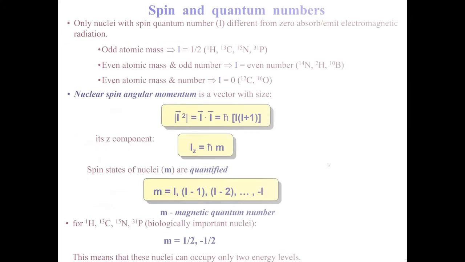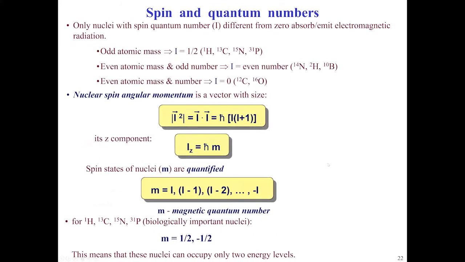So when you go and you open a book, you will see that you need a spin. And nuclei that have a spin have either odd atomic mass, and they have a wonderful property, they spin 1/2. This is a quantum property. And typically for bio, you see proton, we say proton, we mean isotope of hydrogen with 1 proton, right?